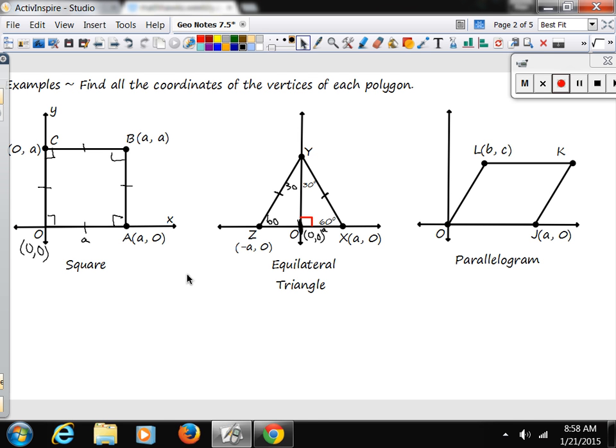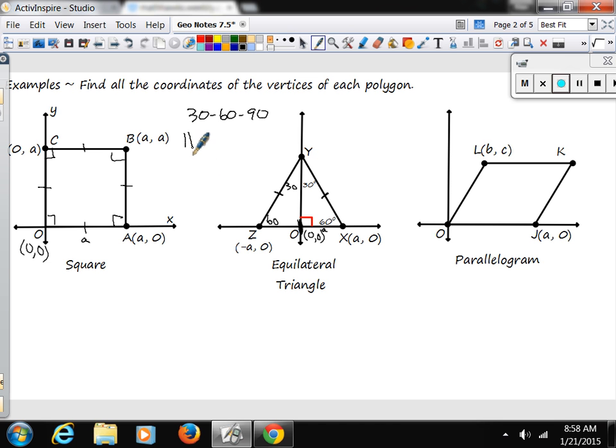Y is a little tricky, because you either got to use SOHCAHTOA, because it's a right triangle, or you got to think about Pythagorean theorem, possibly, or you got to think about the 30, 60, 90 triangle. If you remember from back in chapter 5, we had 30, 60, 90 right triangles. There were 2 little formulas.